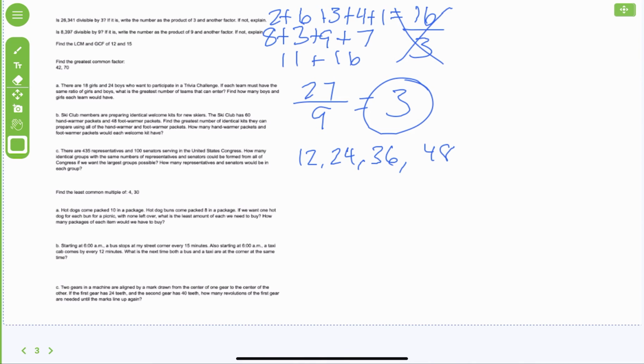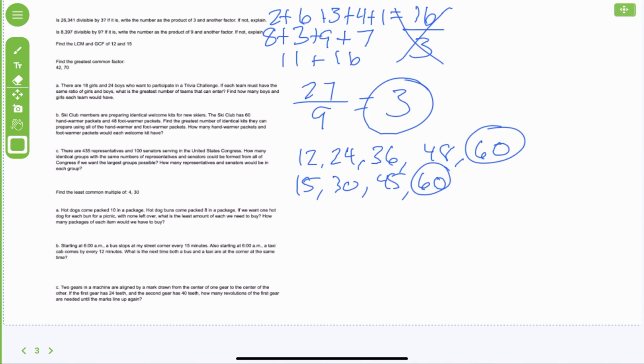We're going to list all these multiples out through here. Now let's look at 15. 15, 30, 45, 60. Now I can stop because I have the least common multiple, which is 60. Does everybody see how to do the least common multiple?